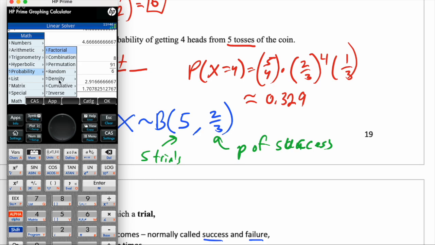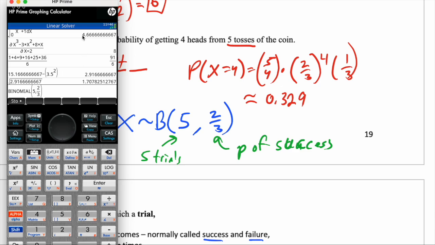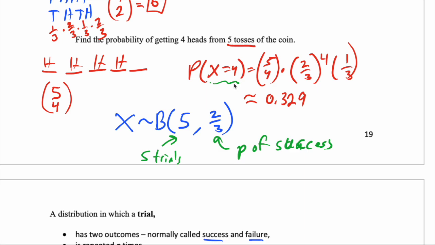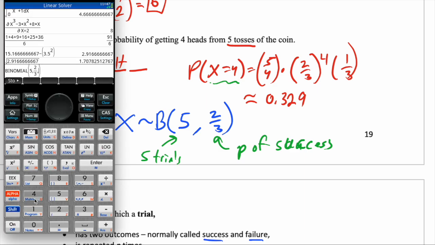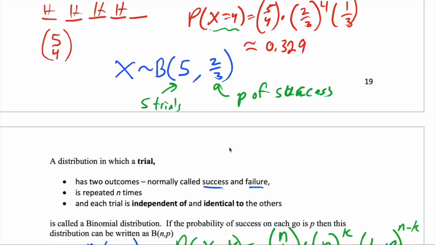You're looking for density if you're looking for a certain probability, and binomial, and then you can always click help to see what you need to type in, but you just type in these things: 5, 2/3, and then, in this case we're looking for a probability of 4, so you just type in 4, and you see you get 0.329. Okay, so you need to type in n, p, and then the x or whatever you're looking for.